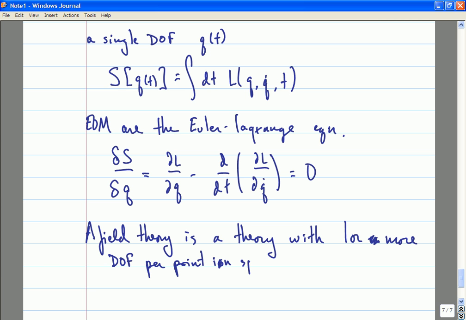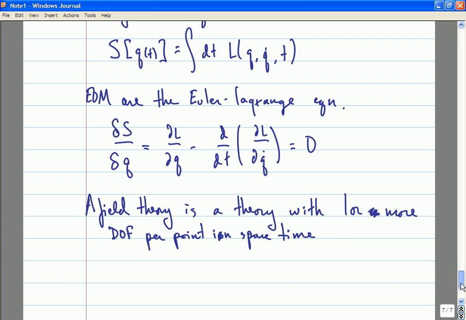So, whereas in a traditional mechanical system, you have one degree of freedom, for example, that depends on time, but not on space, in a field theory, your basic dynamical variable is a function not just of space, but of time. So, for example, you could have a Newtonian potential, an electromagnetic potential, which is a one form, or a metric, g mu nu, which itself depends on t and x. So these would be cases where you have 1, 4, and 10 degrees of freedom per point in space-time, respectively.